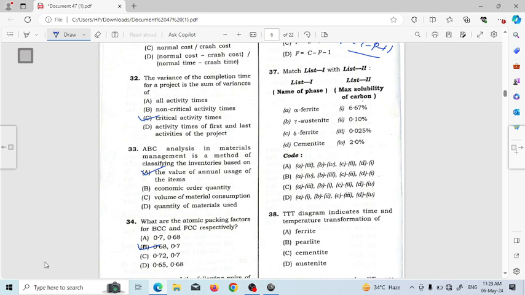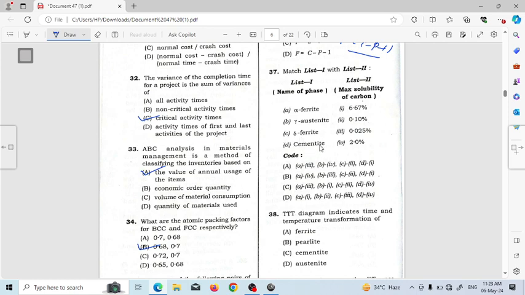Next, question number 37. Alpha ferrite, gamma austenite, delta ferrite, cementite.